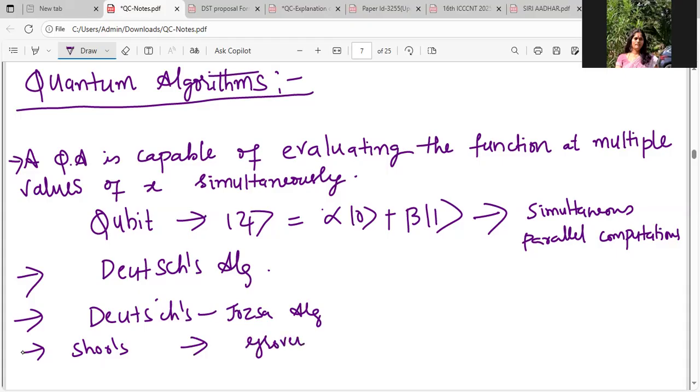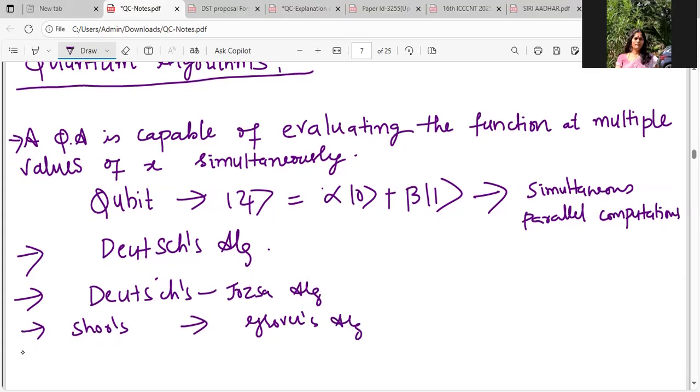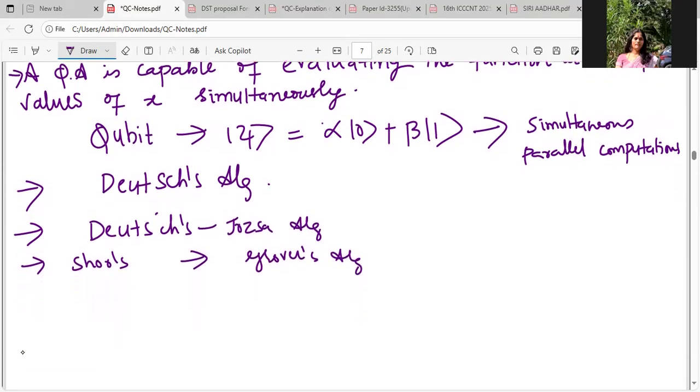These are the major ones. If any new algorithms are found, it would definitely contribute to a new research area in quantum. As of now, these are the algorithms that are there.